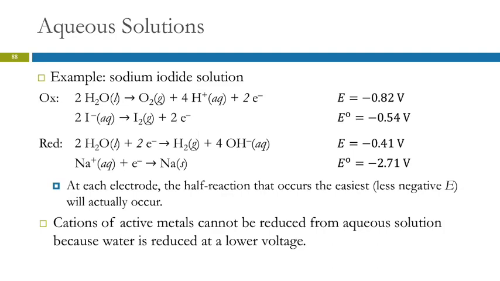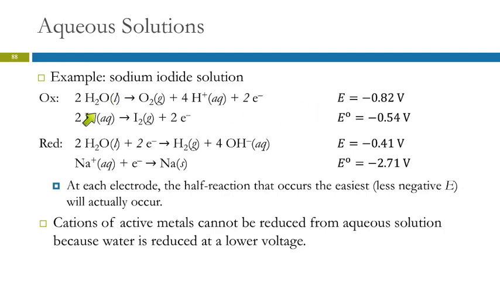The reduction, we've got the possibility of water being reduced or the sodium being reduced. The water is minus 0.41 volts. The sodium, under standard conditions, is minus 2.71 volts. So at each electrode, the half reaction that is easier, the less negative, will be the one that actually occurs.